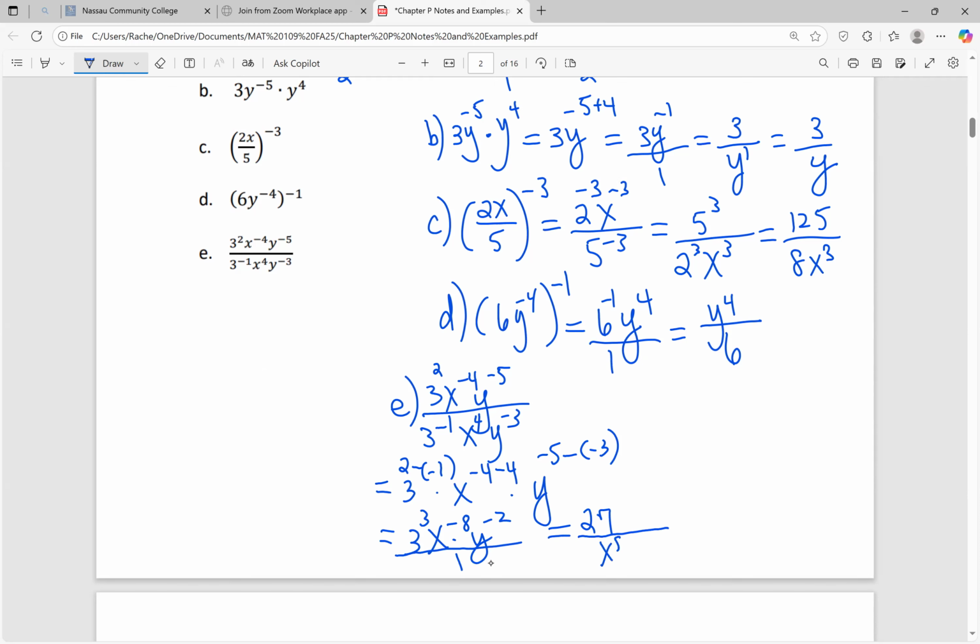So that's going to become 1 over x to the positive 8 in the denominator. And then I have y to the negative 2. I have to take the reciprocal of that. So that's going to be 1 over y to the positive 2. So I end up with 27 divided by x to the 8th times y squared.